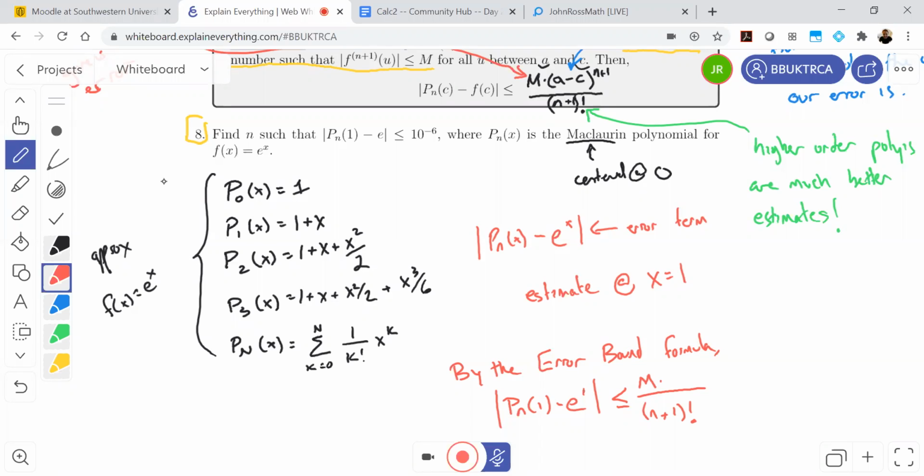So in this case, we're centered at the number 0, and we're interested in estimating this at x equals 1. So this is really just the absolute value of 0 minus 1 raised to the n plus 1.